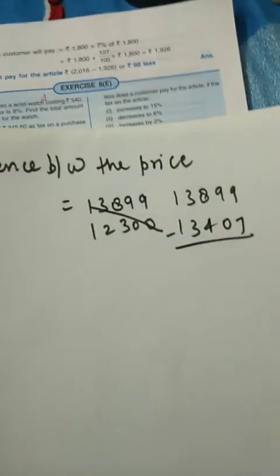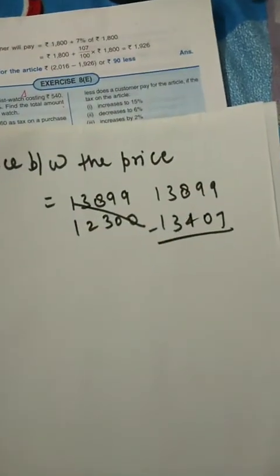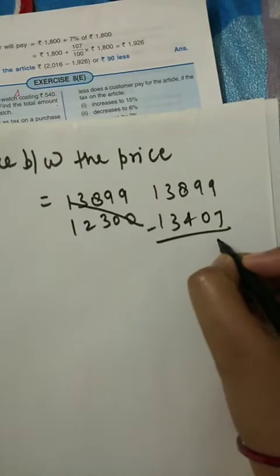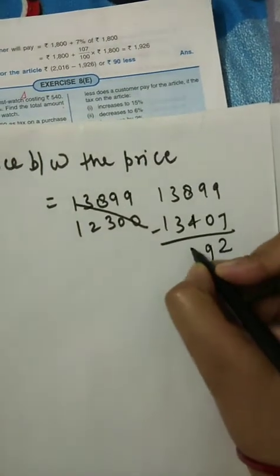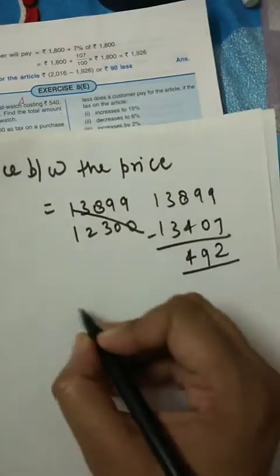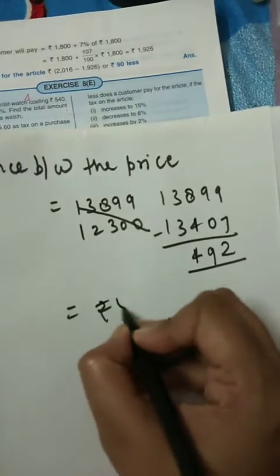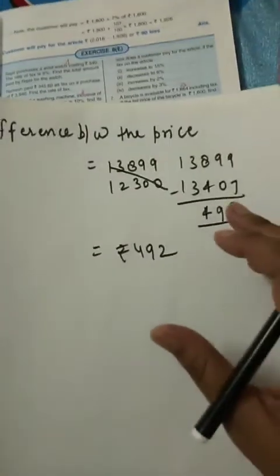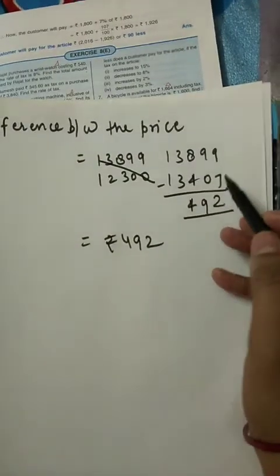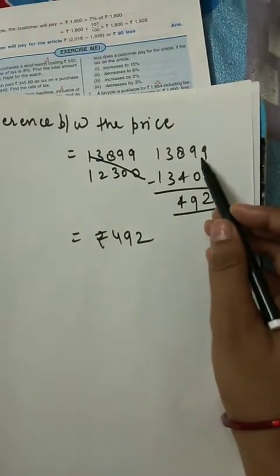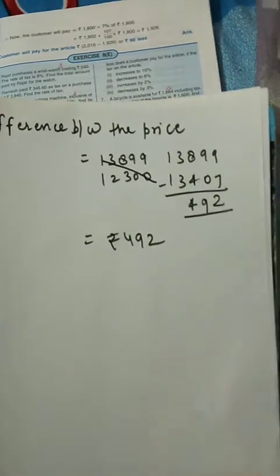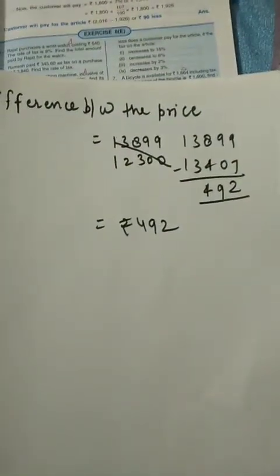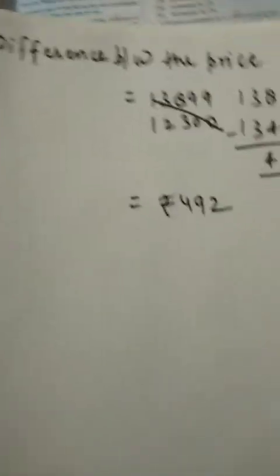Going to subtract this. So let's check. This is 2, this is 9, this is 4. So the difference is rupees 492. Previously the sales price inclusive of tax was given this much, the final one is 13,899. So you can see the difference of 492 rupees is coming.